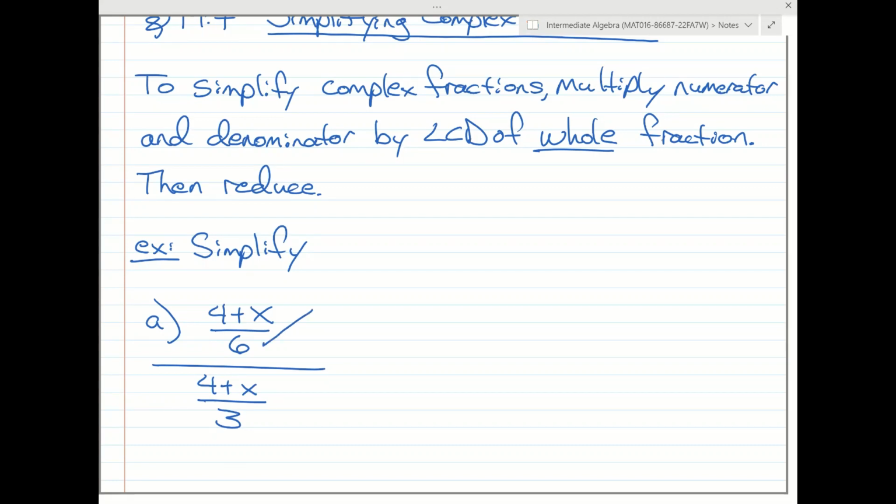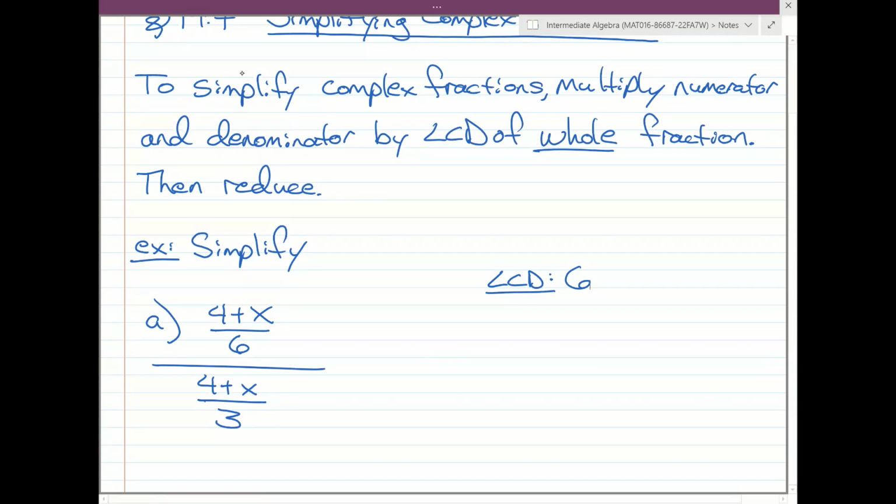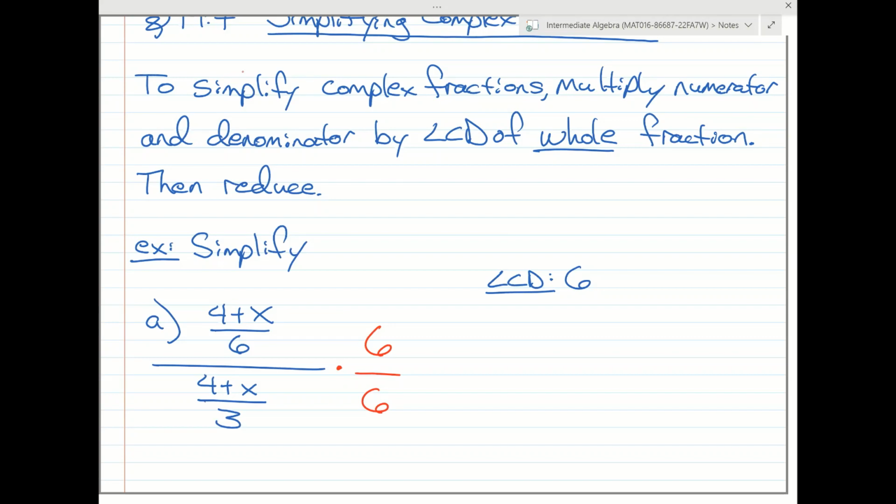So we're looking at the 6 and we're looking at the 3. When we talked about least common denominators in the previous section, the LCD for this problem would just be 6. So the way we simplify is we multiply the numerator and the denominator by 6.